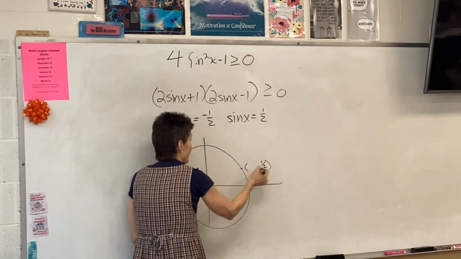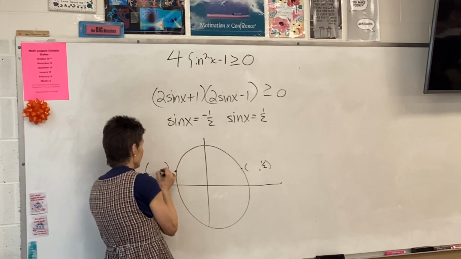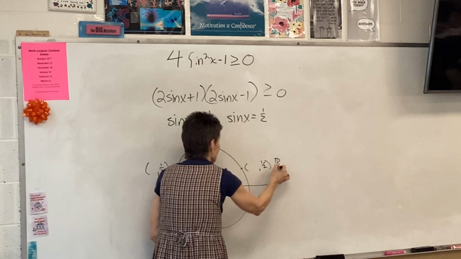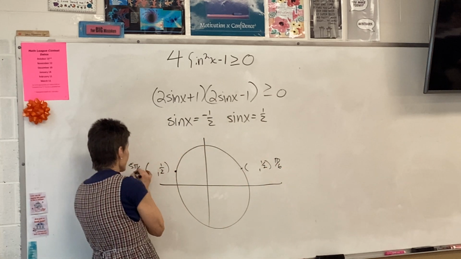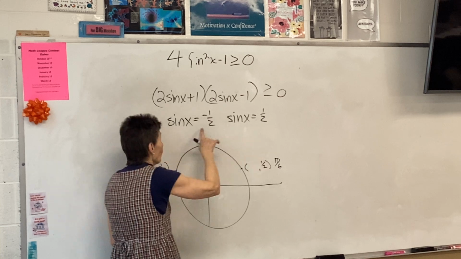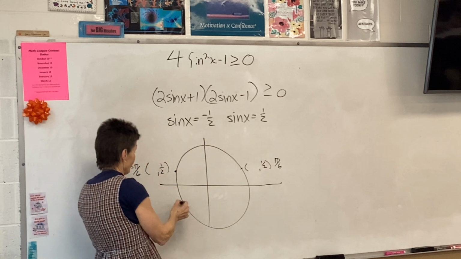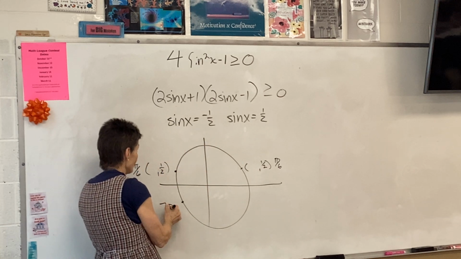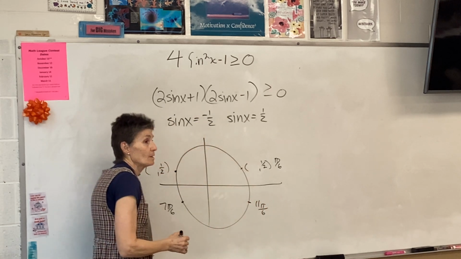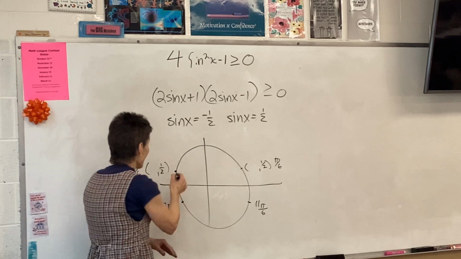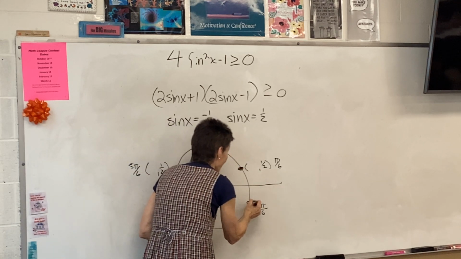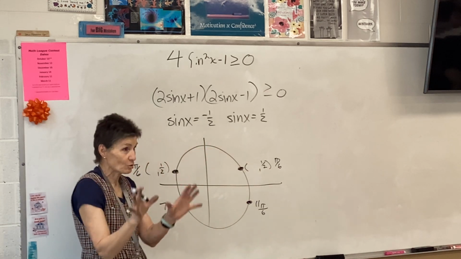Where does the sine equal 1/2? It's pi over 6 and 5 pi over 6. Now, that's where it's +1/2. Where is it -1/2? 7 pi over 6 and 11 pi over 6. So these are the angles that are going to become part of my answer when I write my intervals.